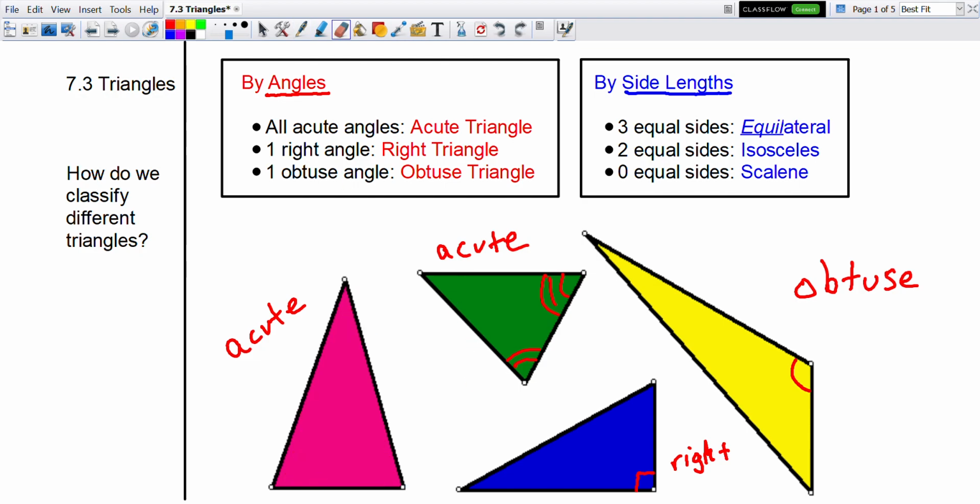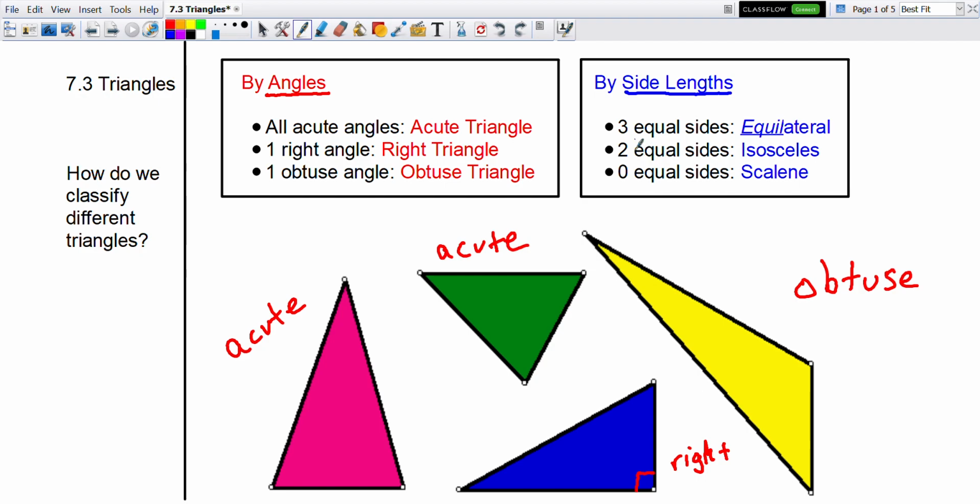The second way we can name triangles is by their side lengths over here. So if all three sides are equal, if they're all the same length, then we'll call that an equilateral triangle. None of these really seem to be equal.